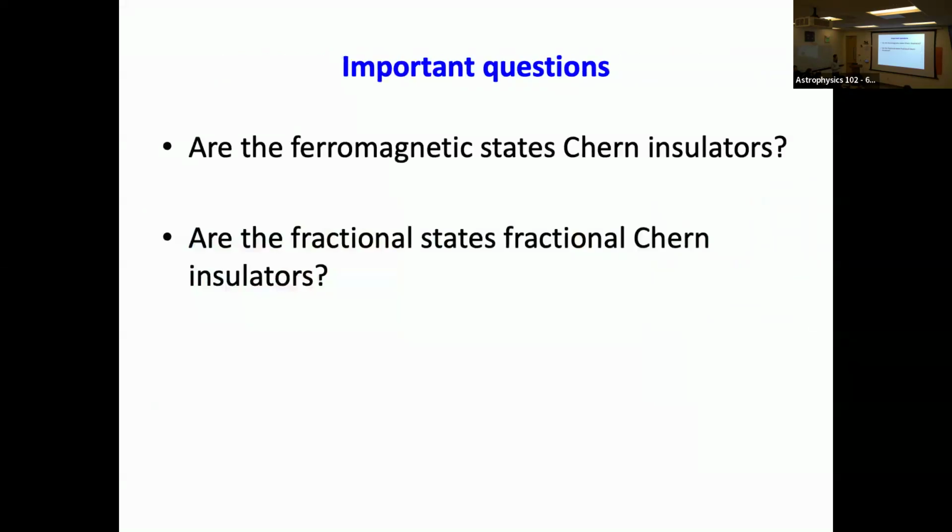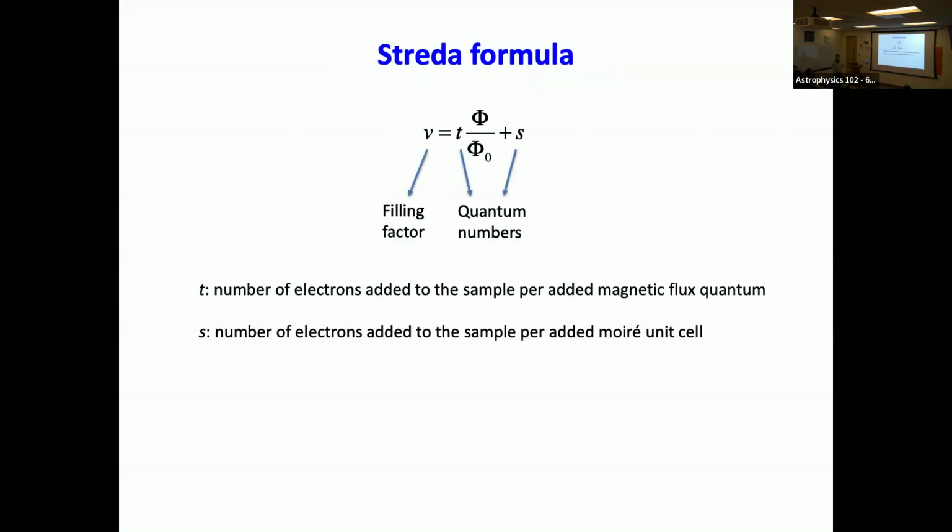So I think the important question is whether these ferromagnetic states are trivial or non-trivial, whether they are Chern insulators, and if they are Chern insulators, whether they are fractional Chern insulators or not. The way we do it is to use the Streda formula, which tells you how the filling factor of this incompressible state disperses with the magnetic field.